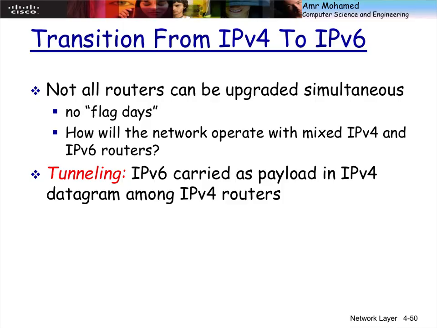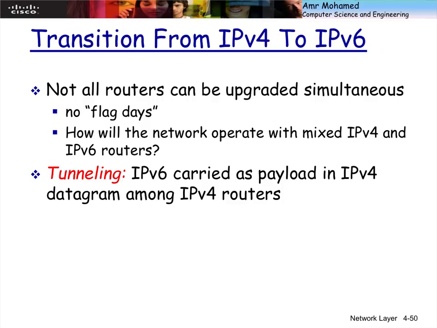So if we try to deploy IP version 6, we cannot really shut down the entire internet for a few days and update all the routers, because the internet follows a decentralized architecture. Okay? So we cannot say shut down the internet, all the service providers have to shut down, and we do the deployment synchronously. We can never do this. So it has to happen gradually.